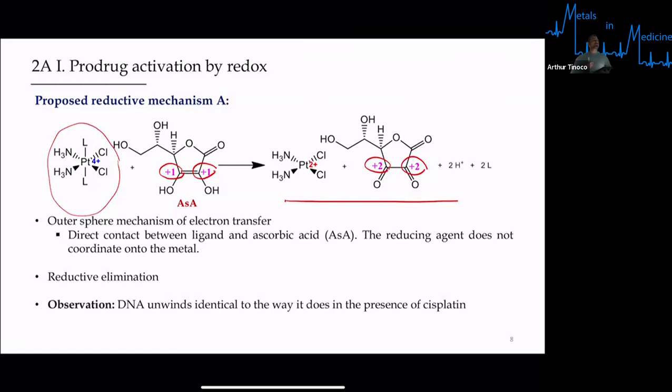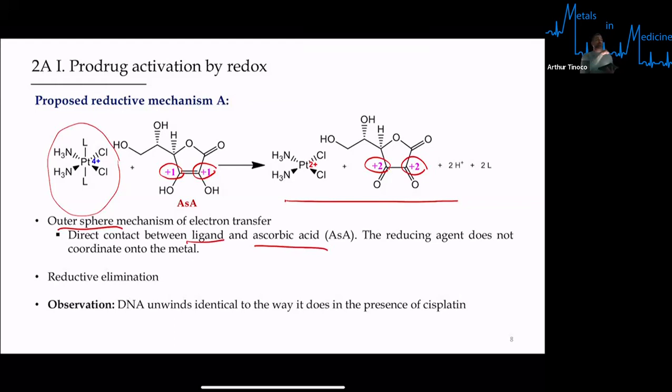As far as the mechanism of how this happens, this is an outer sphere mechanism of electron transfer. In terms of the terminology, outer sphere means that it does not involve coordination to the actual metal itself. So there's direct contact between the ligand and the ascorbic acid that's facilitating this movement of electrons, and not a direct interaction with the metal center itself.